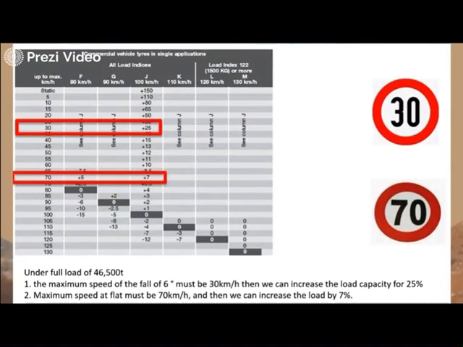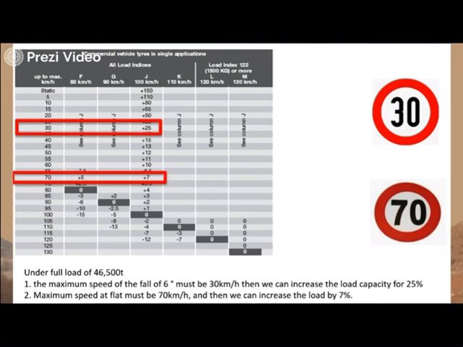But do not forget, the second axle is overloaded, and the second axle needs 8.5 tons. That means 500 kilos is overloaded. And we can succeed on a flat road only if we drive slower.